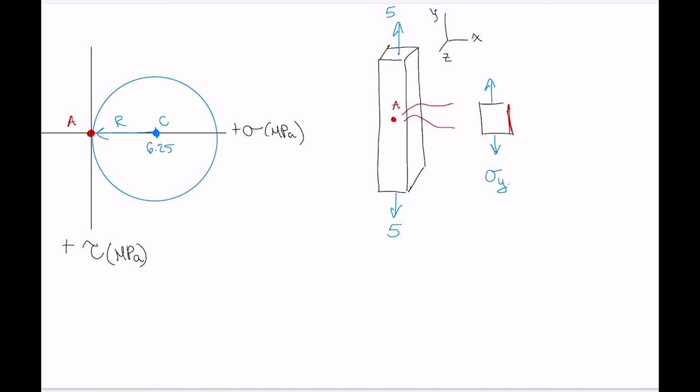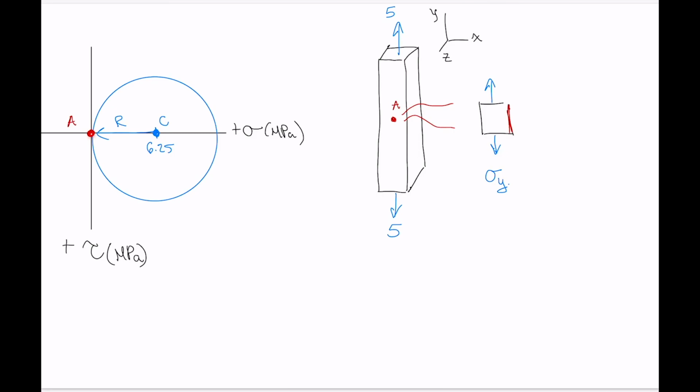Okay, that's under this 5 kilonewton tensile load. So the way that it's used is like this. You take point A here, and you can imagine moving point A around the circumference of this circle to wherever you want to go.